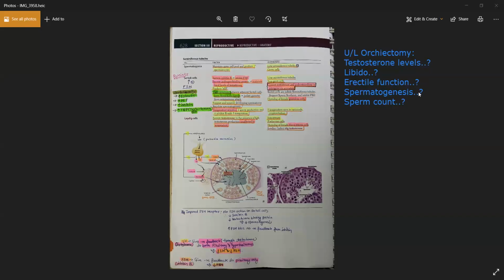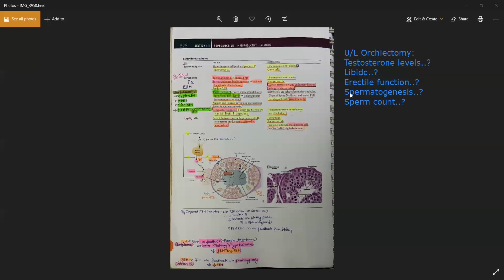Now, you have limited seminiferous tubules. You have removed one testis, so you have only 50% of the seminiferous tubules working, right? So no matter how much you increase your spermatogenesis, it can never get the sperm count back to a normal level again.